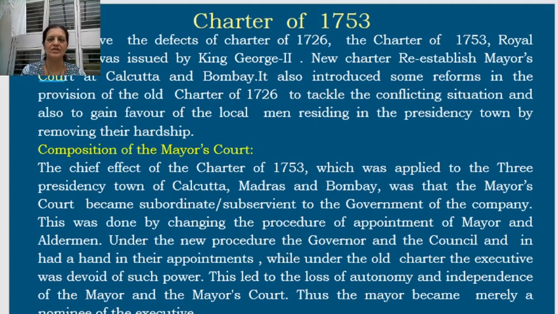Under the new procedure, the governor and the council had a hand in their appointments, while under the old charter, the executive was devoid of such power. This led to the loss of autonomy and independence of the mayor and the Mayor's Court. Thus, the mayor became merely a nominee of the executive.